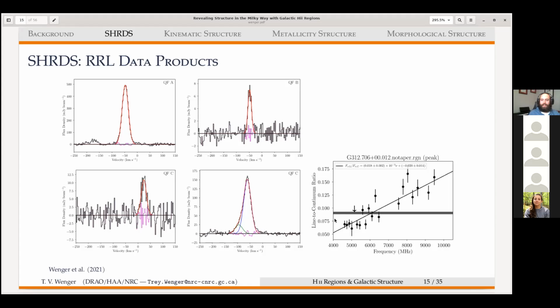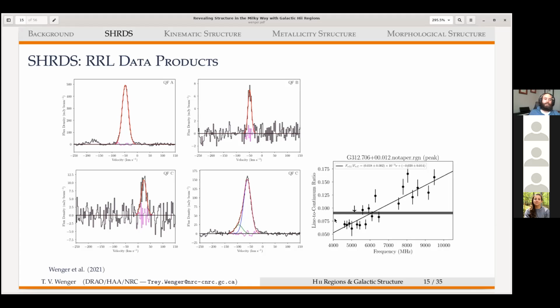And then again, in the full catalog, our most recent data release, we publish a bunch of intermediate data products, including Gaussian fits to all of the individual radio recombination line transitions, not just the 20 transition stacked spectrum.